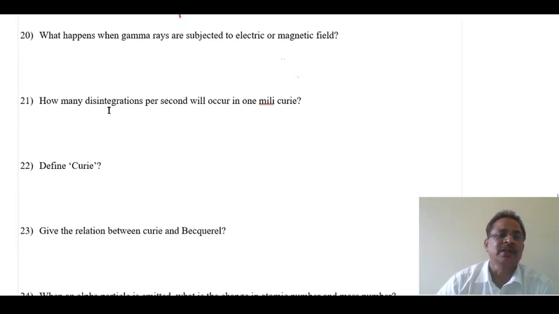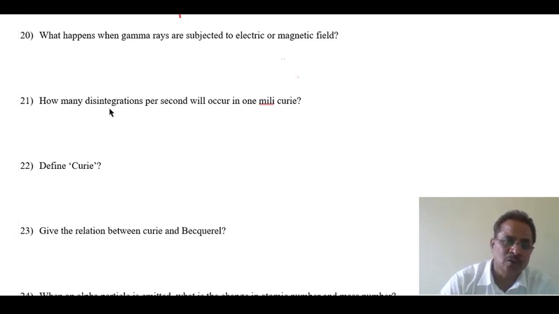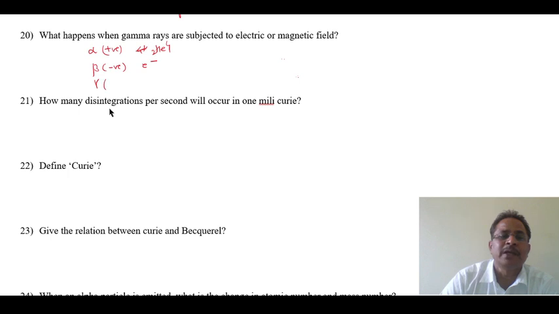Now question number 20. What happens when gamma rays are subjected to electric and magnetic fields? For that we must know the properties of these radiations. Alpha particles are positively charged nuclei, that is nothing but He4, a helium nucleus. Beta particles are negatively charged particles, which are basically electrons, and gamma rays are simply photons, so they are neutral.